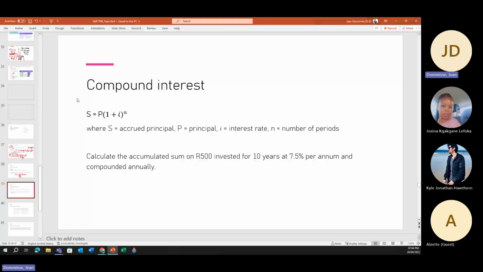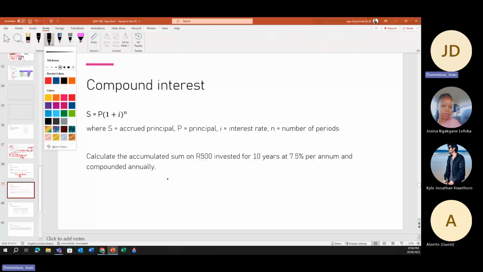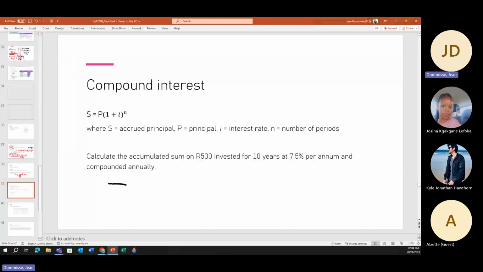So we could have said, okay, but what is the amount that we need to pay or get at the end? So it is 500 invested for that 10 years at an interest of 7.5%.